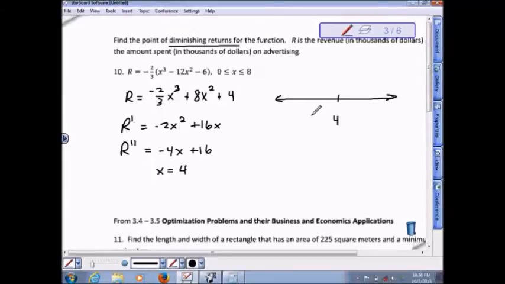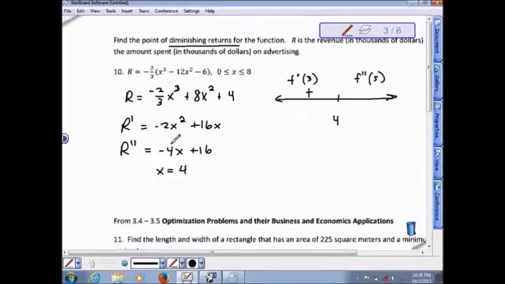So in the second derivative, we can test a 3 and we can test 5. Plugging a 3 into the second derivative, negative 4 times 3 is negative 12 plus 16 is positive.